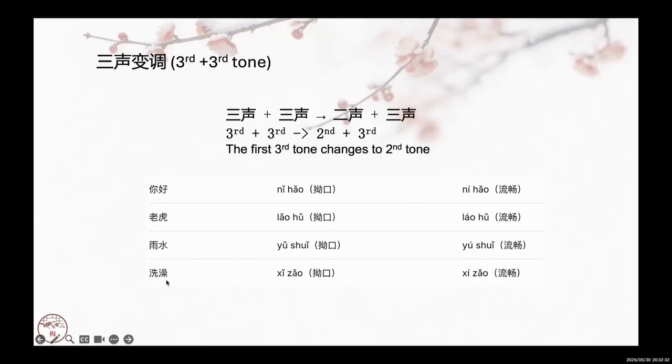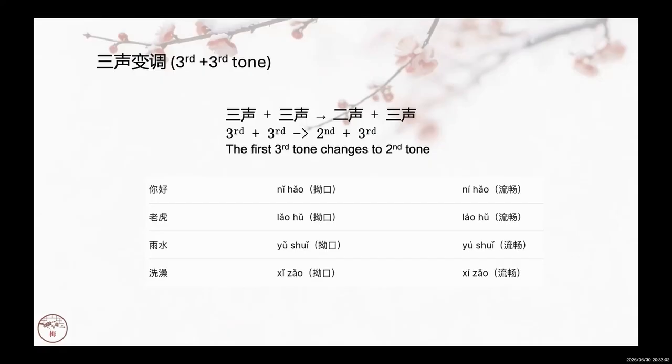Another example, 洗澡. Oh, that's the accent lasting too long actually. So instead, we say it 洗澡. Can you tell the difference? The first tone, the second tone, and the fourth tone all pronounce shorter than the third tone.